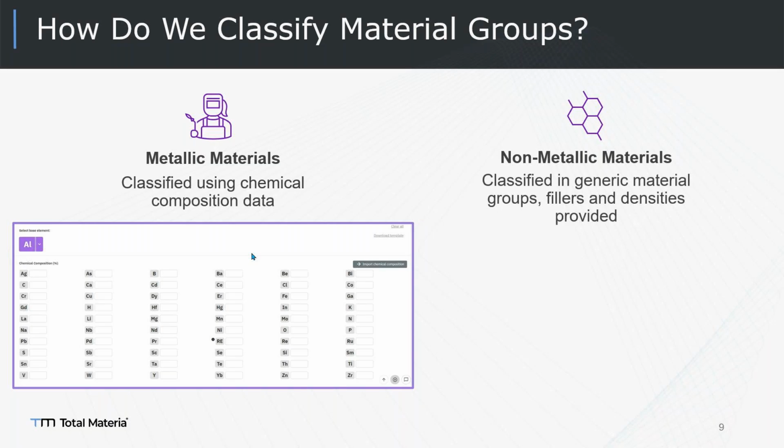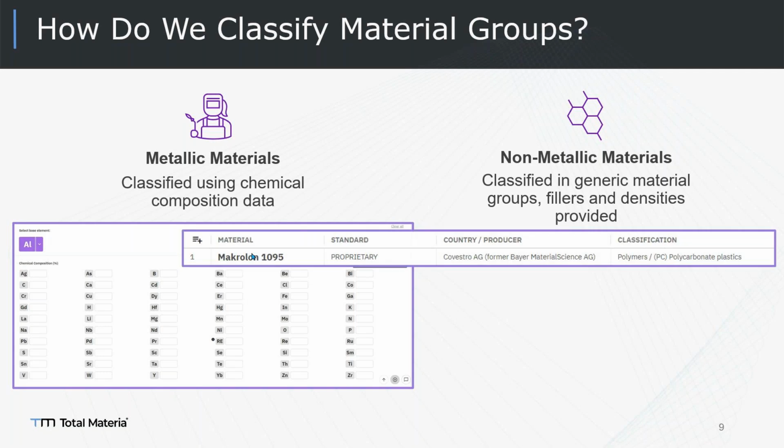For non-metallics, since we usually don't have the whole chemical composition, usually producer data sheets don't like giving that information out, as most of you know, we classify these materials as generic material groups. And then you could identify these materials based on fillers, densities, UV stabilizers. So you first select that material.